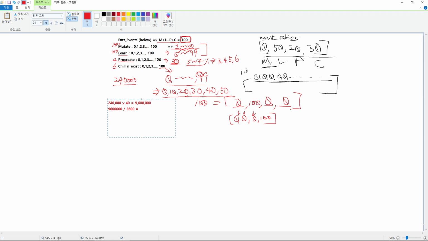And then this gives 2666.666666 days, hours actually. And then divided by 24 to convert this into days would have taken 111 days, 0.1111 days.